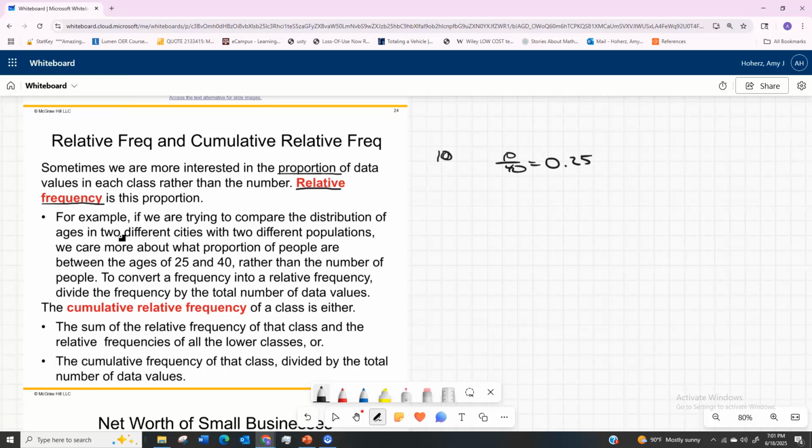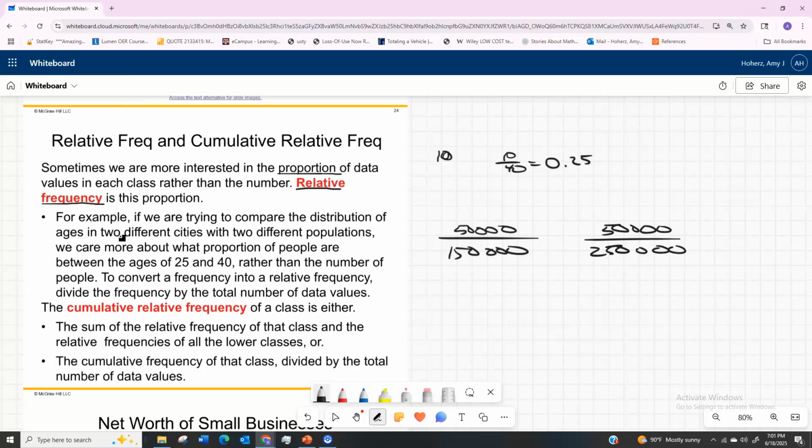I'm sorry, I think I gave those numbers wrong. So let's say one city had 50,000 out of 150,000 that were ages 25 to 40. And then another city had 50,000 out of 250,000 that were ages 25 to 40. Well, if we just compared these with the 50,000, you would say this city has the same number of people between 25 and 40 as this city.